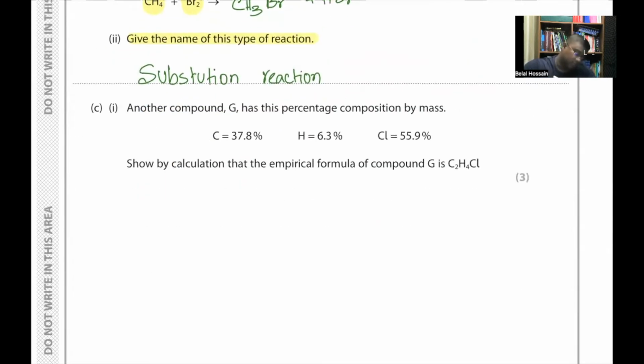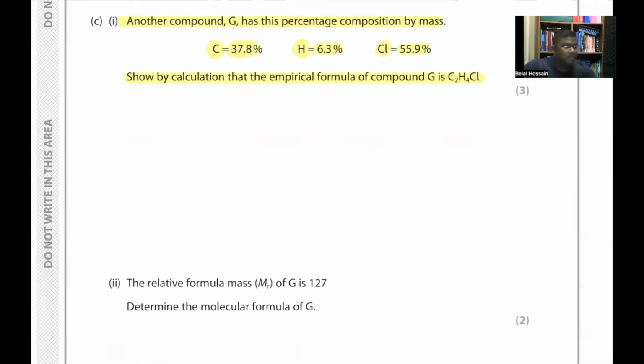Part C1. Another compound G has this percentage composition by mass: carbon 37.8, hydrogen 6.3, chlorine 55.9. Show by calculation that the empirical formula of compound G is C2H4Cl. So the first step should be to divide the percentage by Ar.